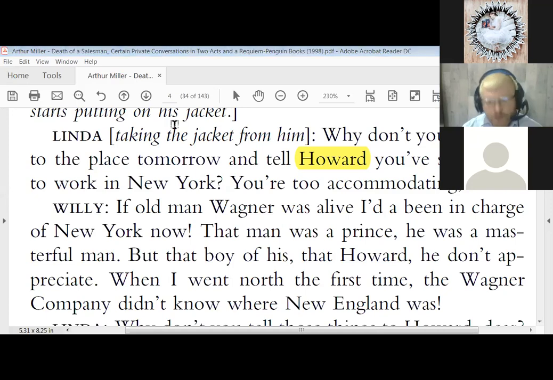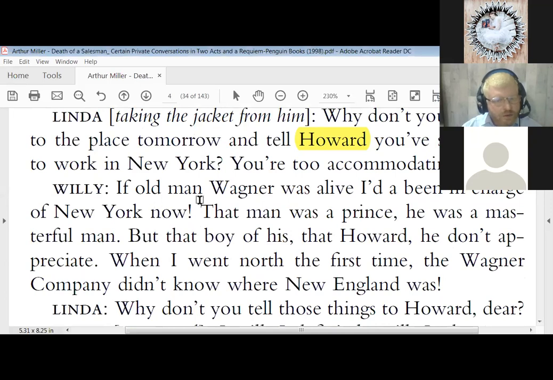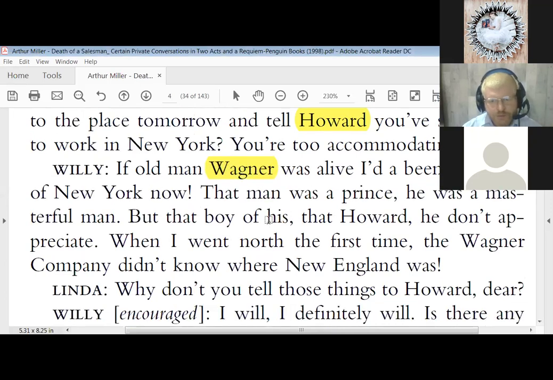And you have to ask him that you should be working in New York and you shouldn't be traveling anymore. Okay. Willie, if old man Wagner, and Wagner was the father of Howard. Okay, and seems Willie has been working for more than 30 years.